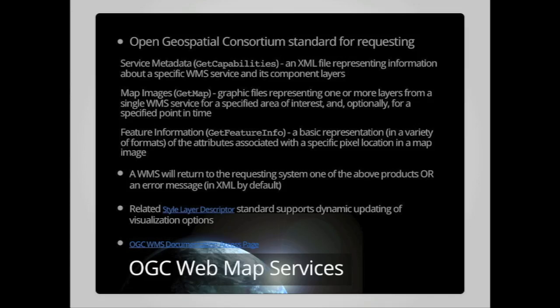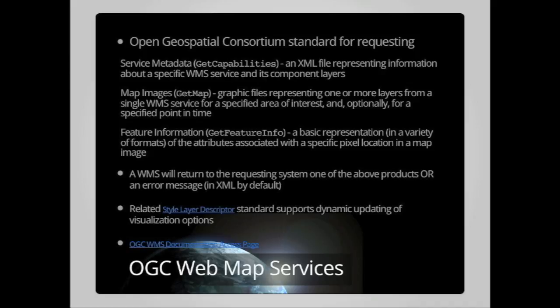Now let's talk about the Open Geospatial Consortium Web Map Services standard, where the Web Map Services are a standard that really focuses, as we discussed last time, for requesting map images, not map data. And there are three core requests that we're going to talk about here as they relate to the WMS standard.